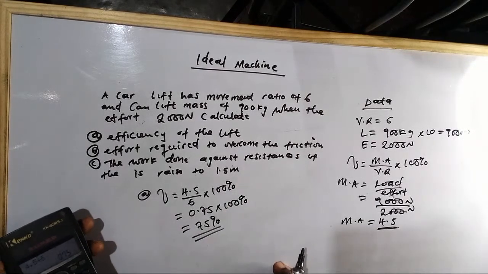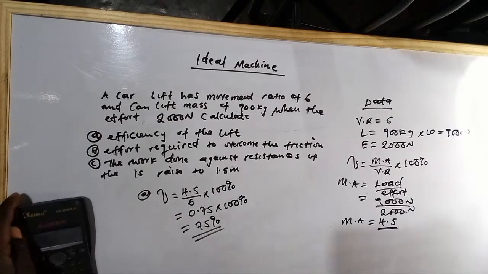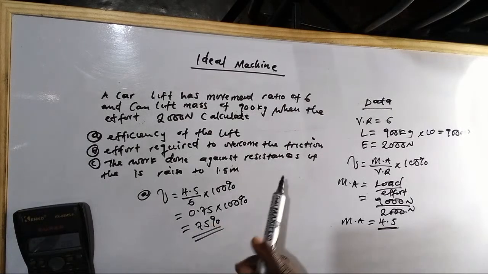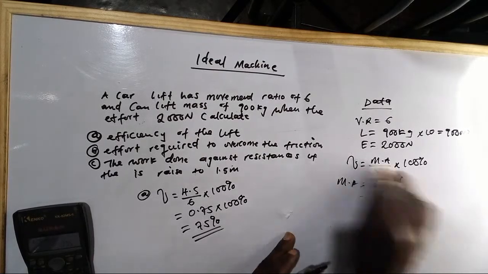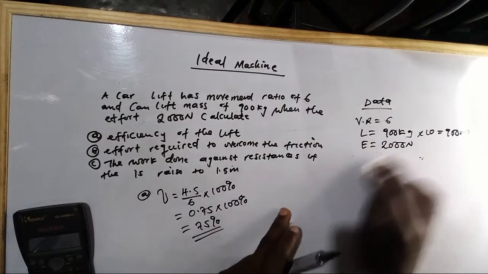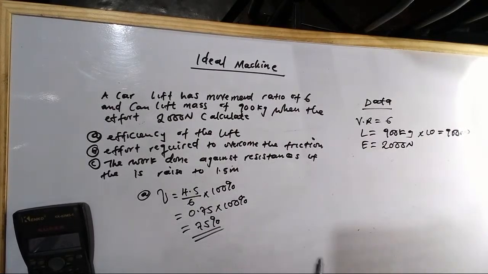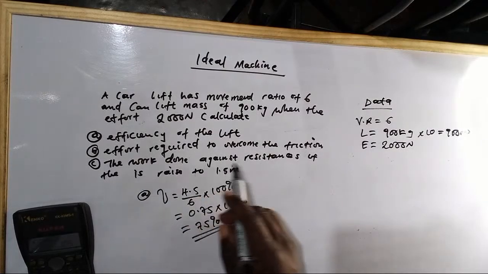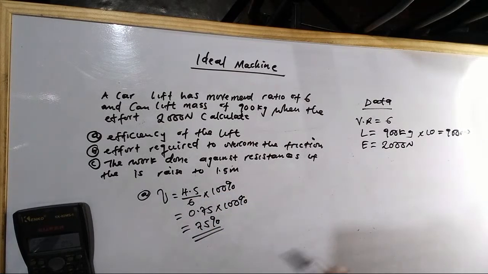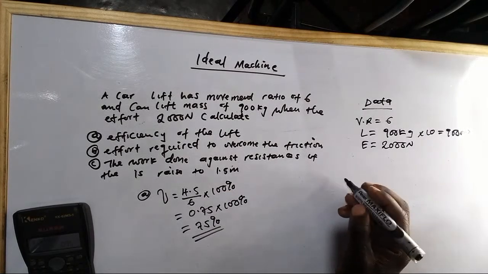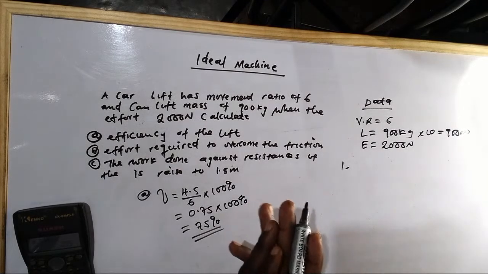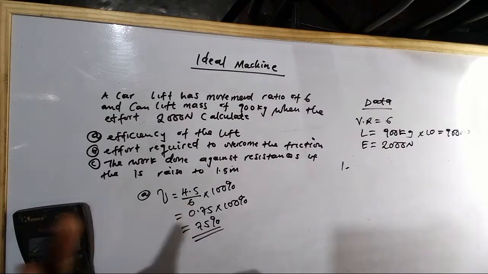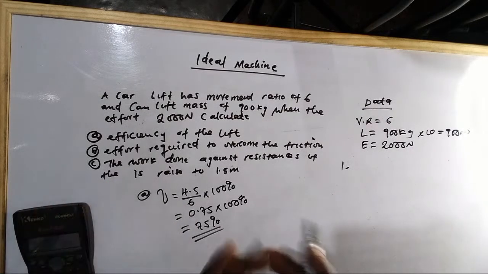Okay. So now, since we have found the efficiency, let's find the effort required to overcome the friction. Let me just make a space here. The way we can find the effort required to overcome the friction is that we have to find the ideal effort, and then we are going to subtract: actual effort minus ideal effort.